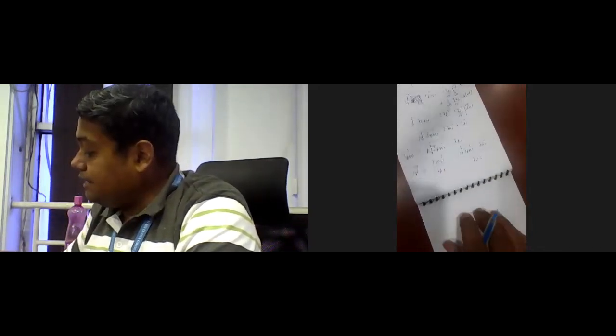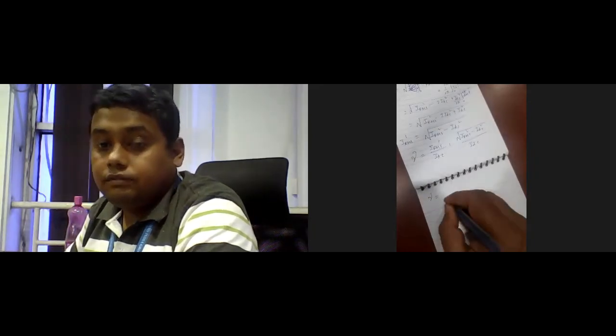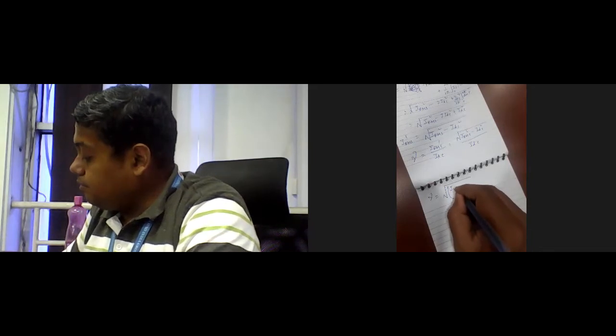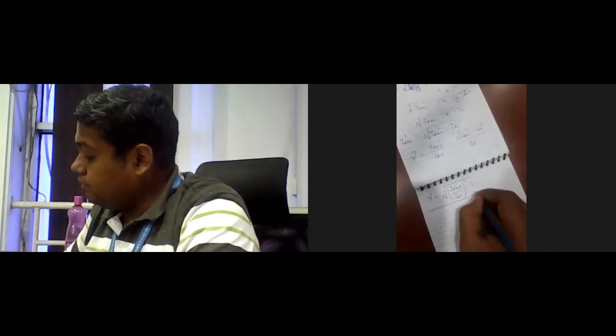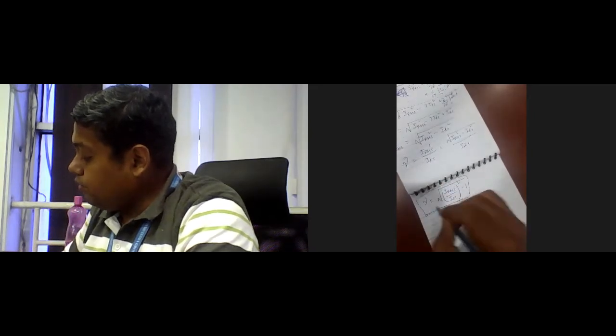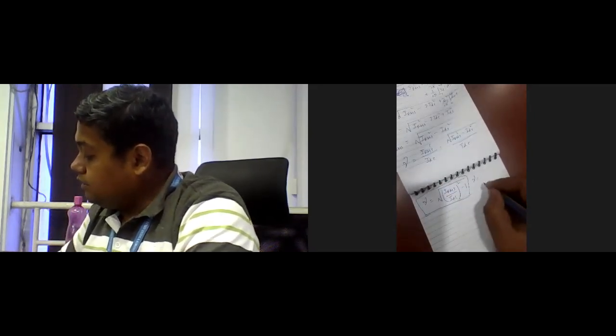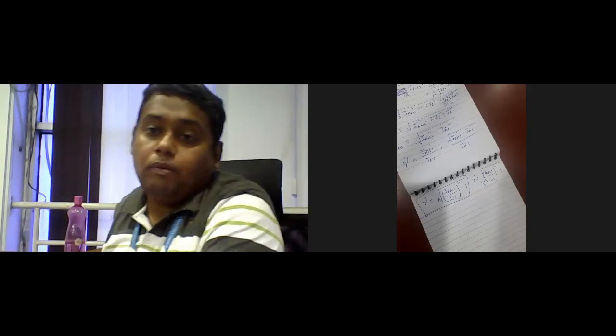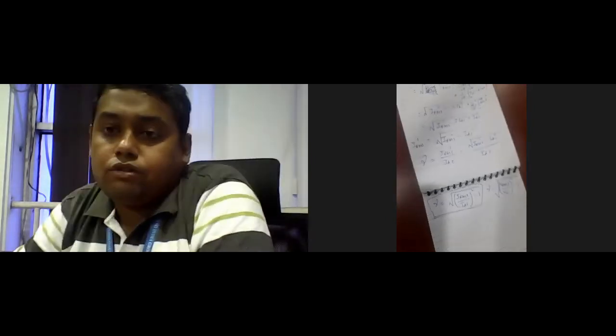So gamma is equal to root of (I_RMS by I_DC) whole square minus 1, or we can write gamma as root of (V_RMS by V_DC) whole square minus 1. It is very, very important for your examination also. Okay.